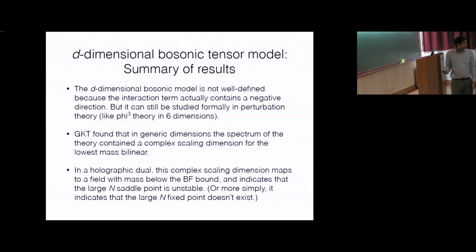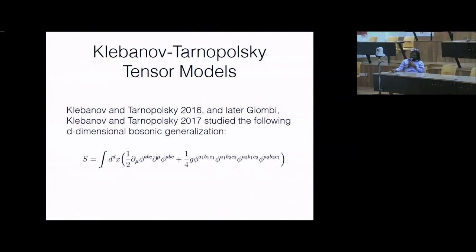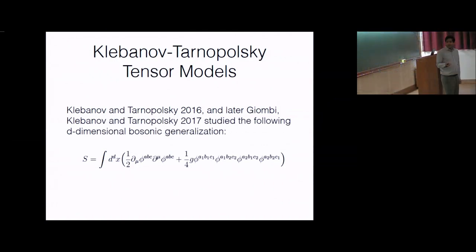Shiroman? Yeah. Is this model renormalizable in the sense that, when you do it in higher dimensions, you don't generate any new couplings? This model, the bosonic model, is renormalizable in d less than 4 dimensions. So you don't generate any new kind of phi 4 coupling? You do generate them.